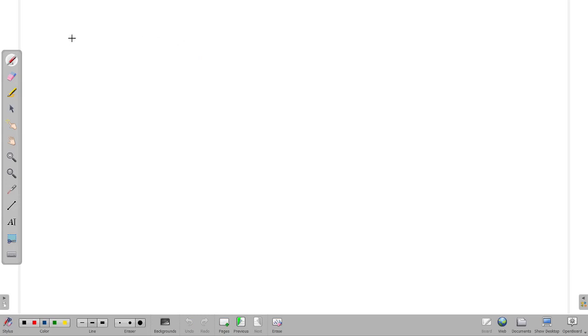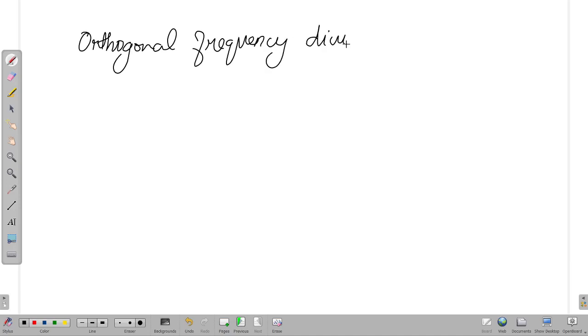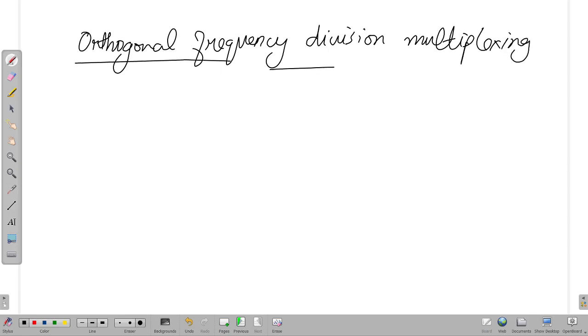So let me start with orthogonal frequency division multiplexing, or in short, OFDM.